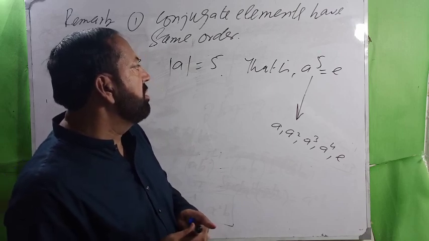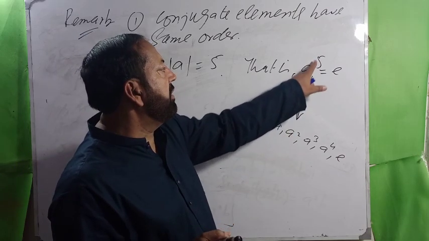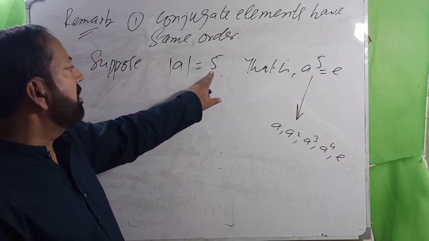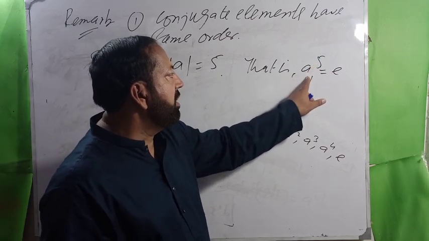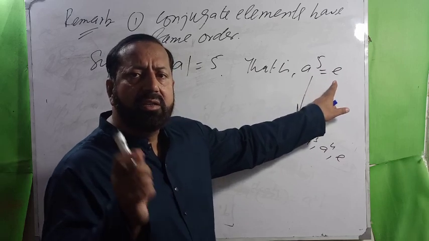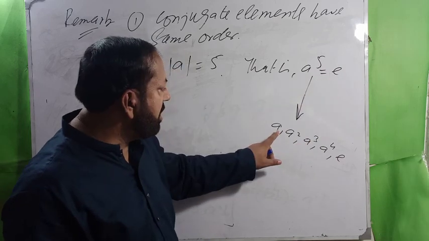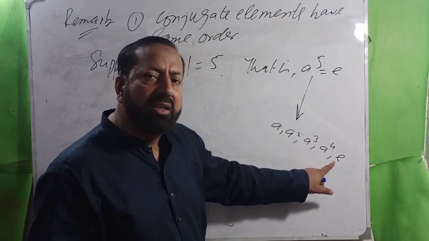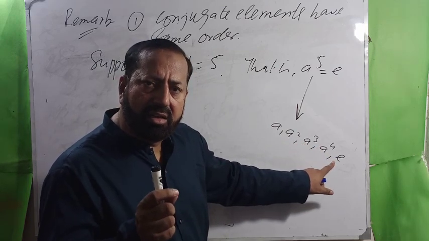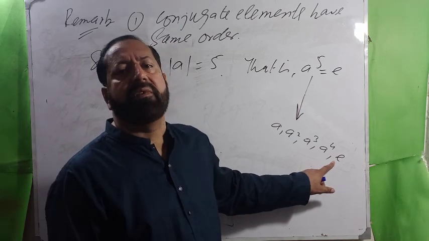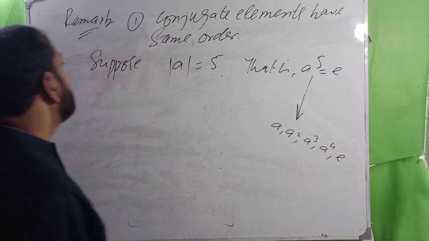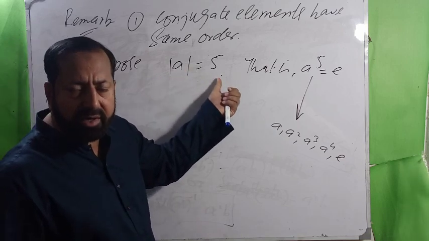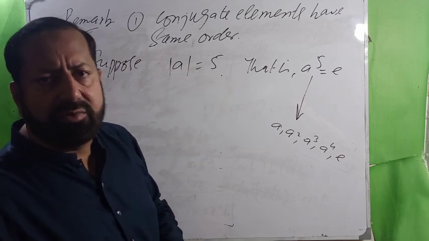Whenever I say the order of A is 5, this means A^5 is equal to E, and these elements are different elements.